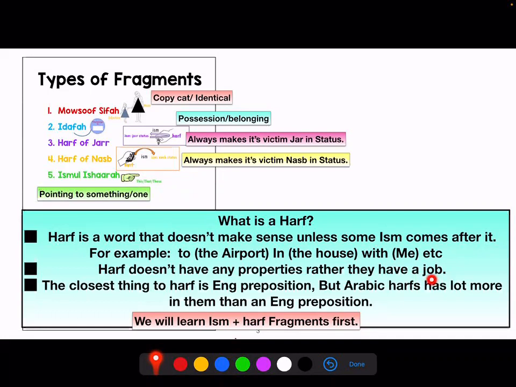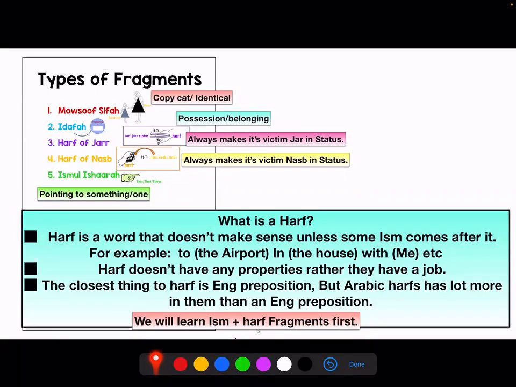So what is the job of the harf? We will learn as we go. And today our first harf category that we are going to learn is harfu jar. And what is their job? Their job is that whatever comes after it, and it is basically always an ism, will come after it.